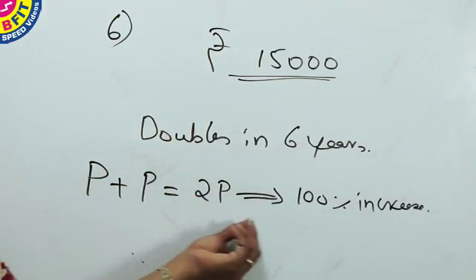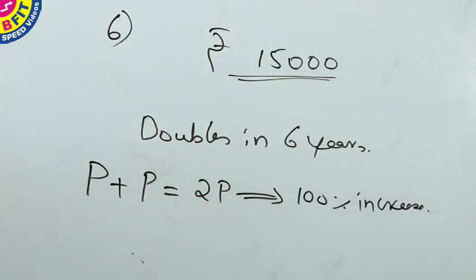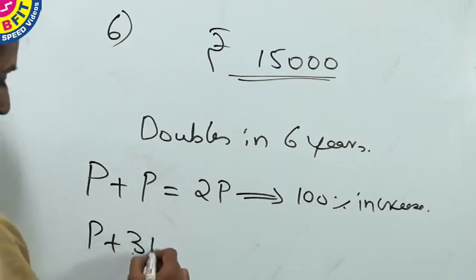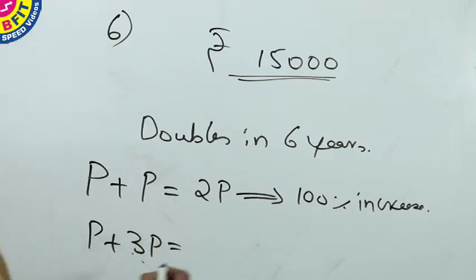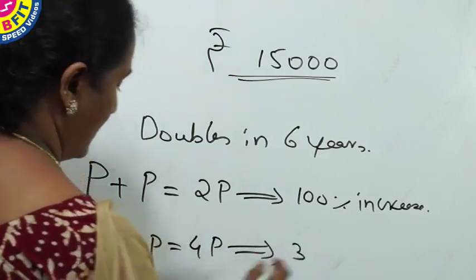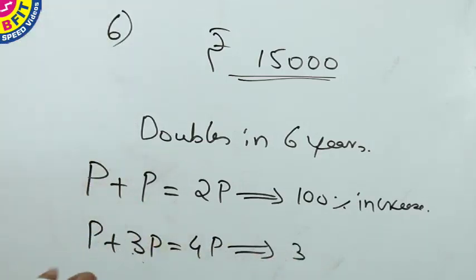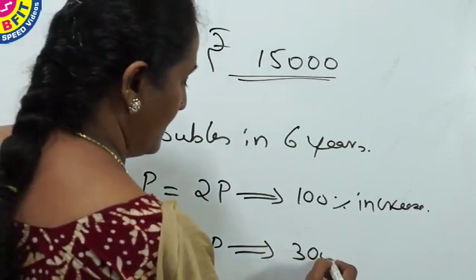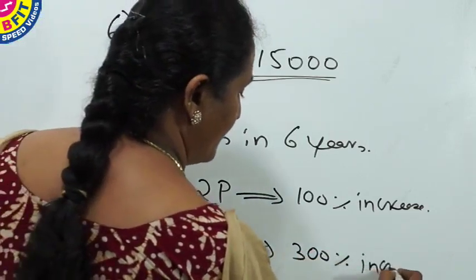So doubled implies 100% increase, and 4 times means, with the original amount we add 3 times the given value, which is 4 times, which implies it is a 3 times increase, that is 300% increase.